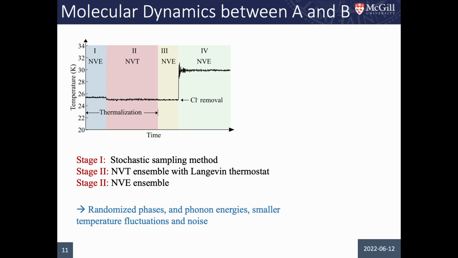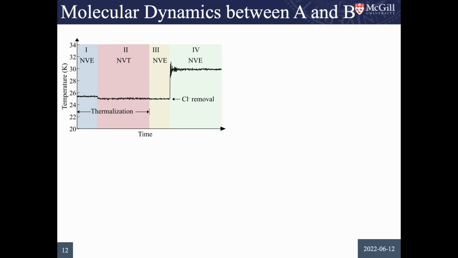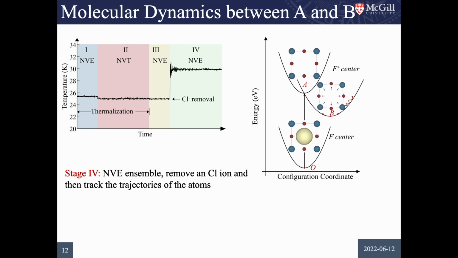Generally speaking, the number of MD samples increases with target temperature. In the final 4th stage, a chloride ion was removed to mimic the formation of an F+ center due to the electron ejection from the F center. The dynamics of relaxation from configuration A to configuration B were then tracked both in real space and phonon space within stage 4.